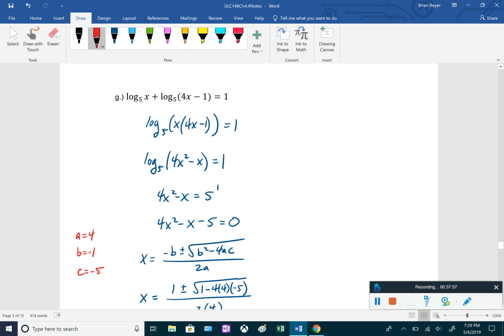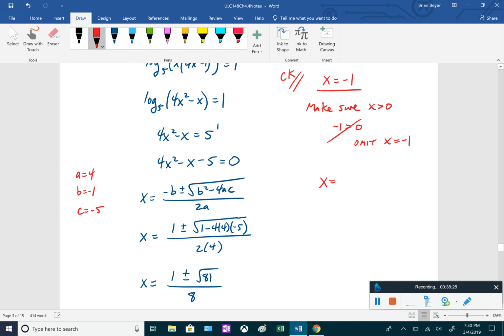Going all the way back to the top. So check. For x equals negative 1, we have to make sure x is positive and 4x minus 1 is positive. So make sure that x is positive, but x is negative 1. Negative 1 is not positive, so we have to omit x equals negative 1 again.